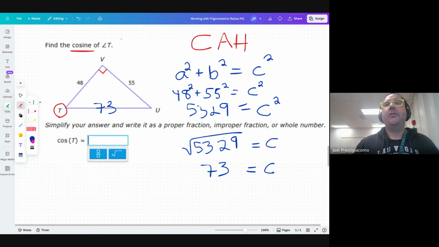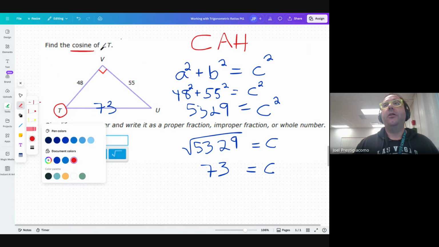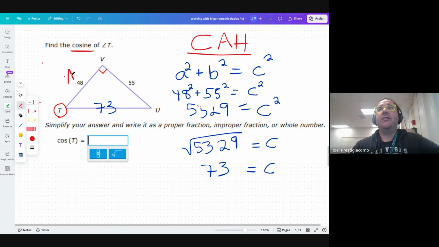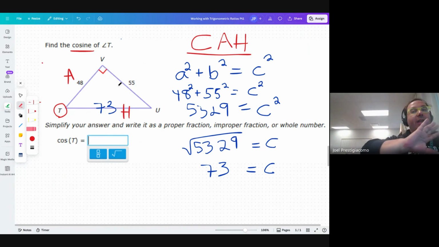Now we go back to what we've been learning. The cosine is the adjacent side over the hypotenuse. This is the adjacent side. This is the hypotenuse for T. Remember, the opposite side is the one where the angle doesn't touch, right? So we don't need that.